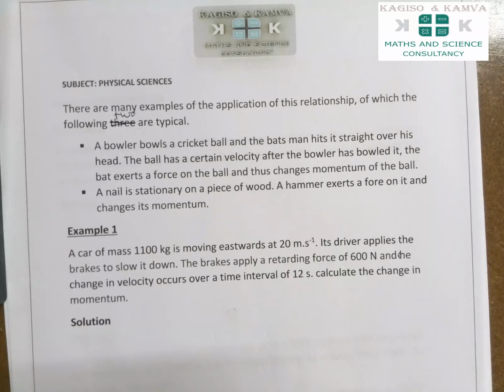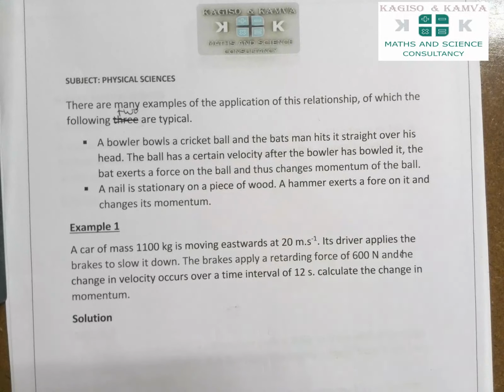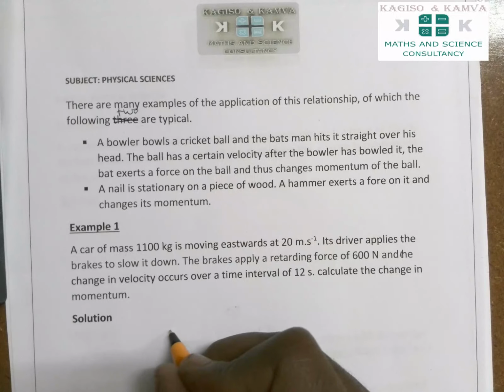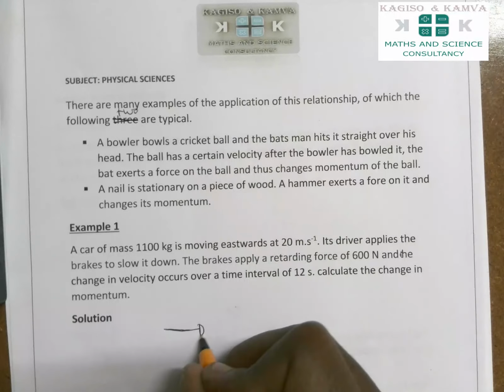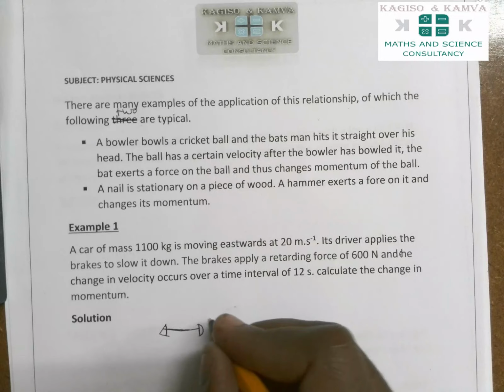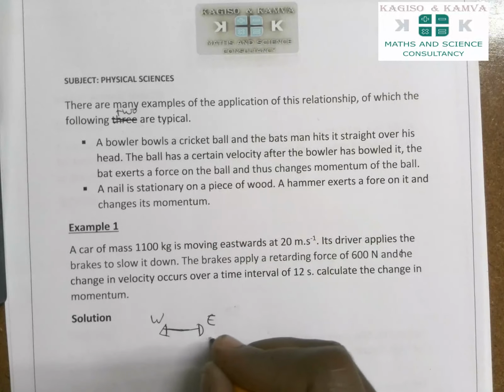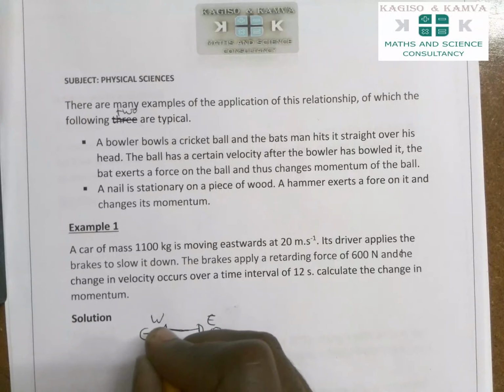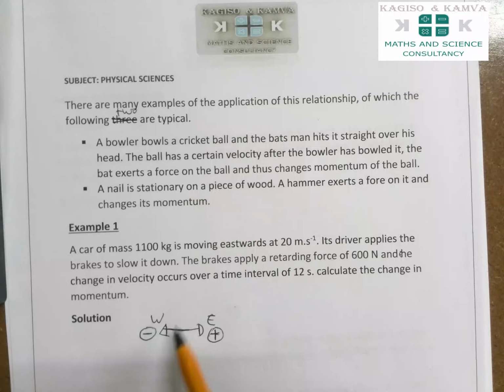Now, how do we go about this one? We are asked to calculate the change in momentum. We first indicate the direction: this is east, this is west. We take east to be positive and west to be negative. We are told about the velocity.